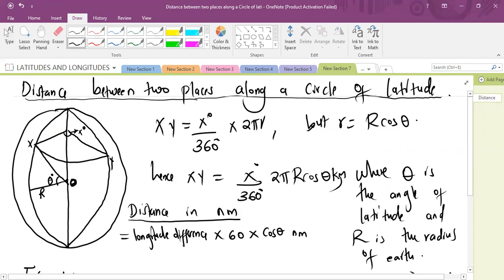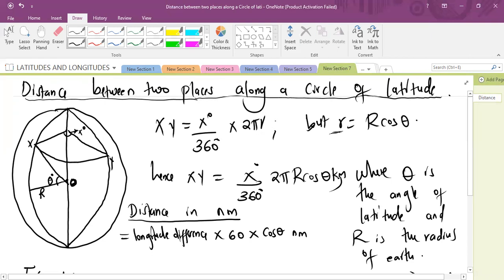In order for us to evaluate, the distance XY is given by the angle subtended by that distance, which is x degrees over 360 degrees times 2 pi r. Here r is the small r, because now we are evaluating a small circle. We looked at this initially and said r is equal to capital R cos theta. So we will replace the value of this because it's a small circle.